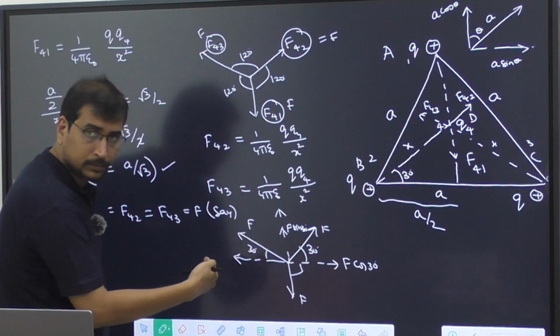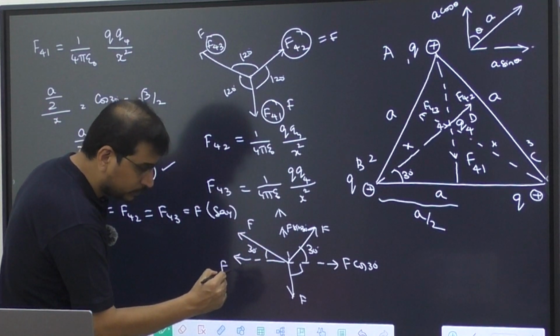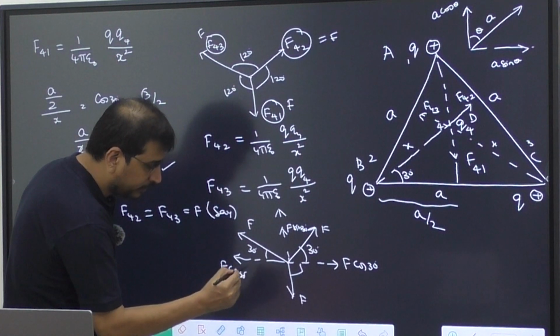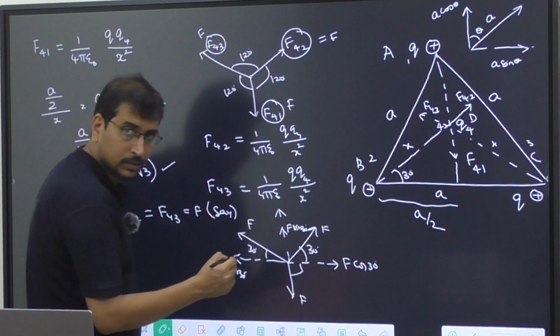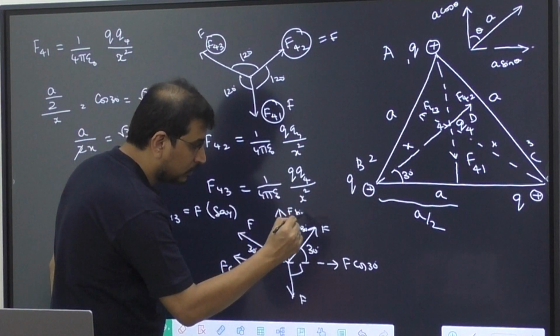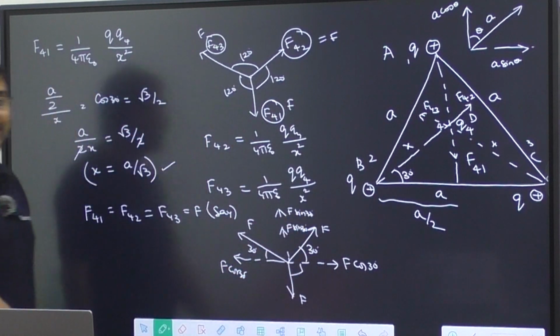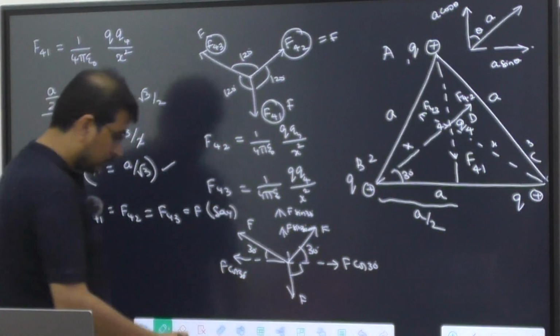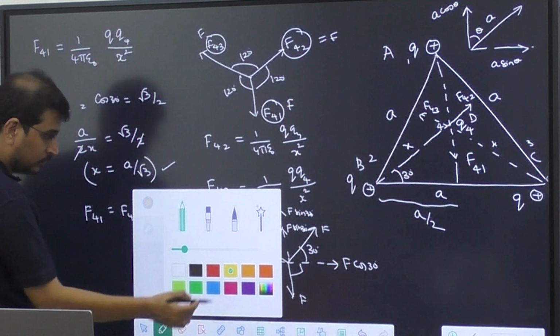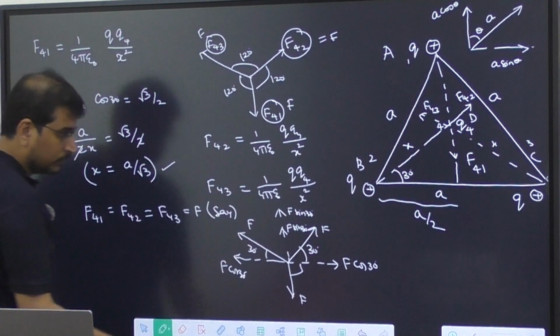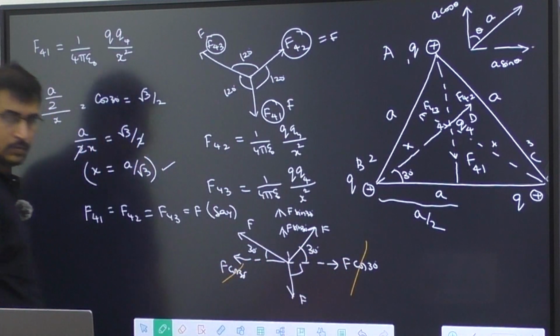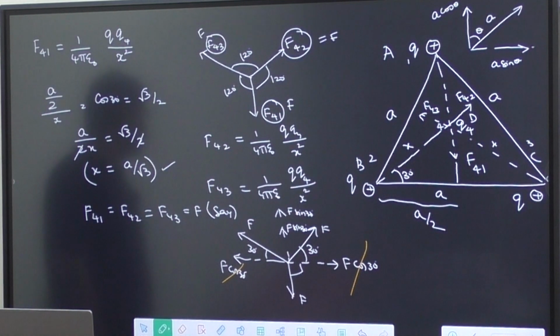How much is this angle? Same 30, symmetric. So how much will this be? F cos 30, and how much is this going to be? So which one will get cancelled? F cos and F cos are gone, opposite and same magnitude.